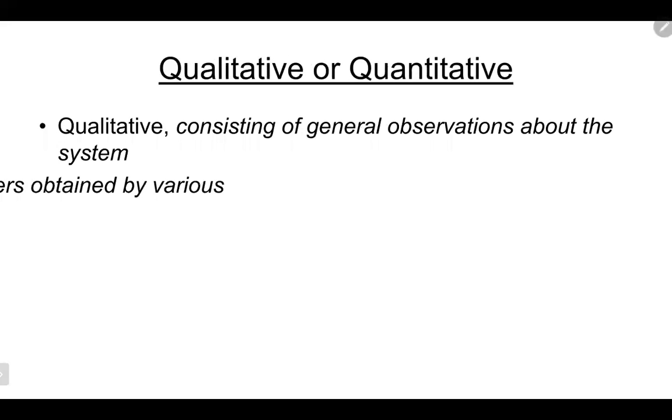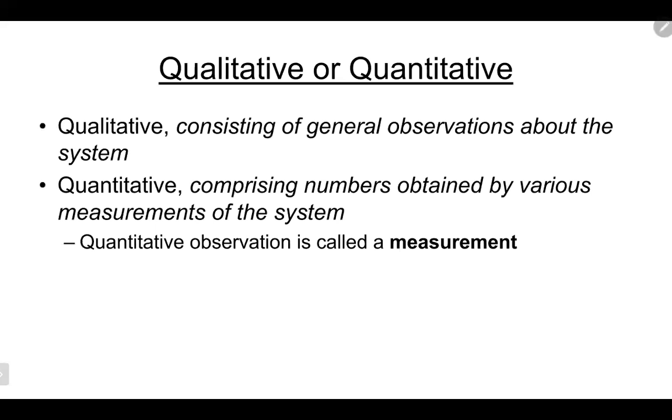Now, this is a good time to talk about the difference between a couple of types of observations and measurements, qualitative versus quantitative. When we talk about something that is qualitative, usually you're just given general observations about something.